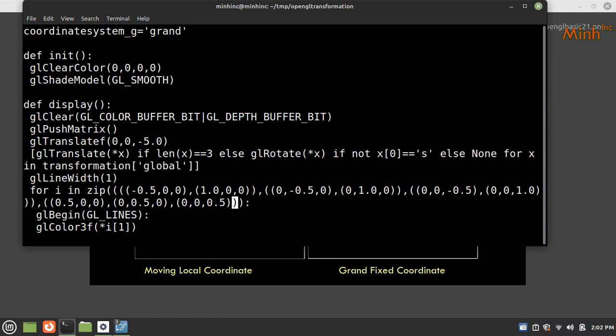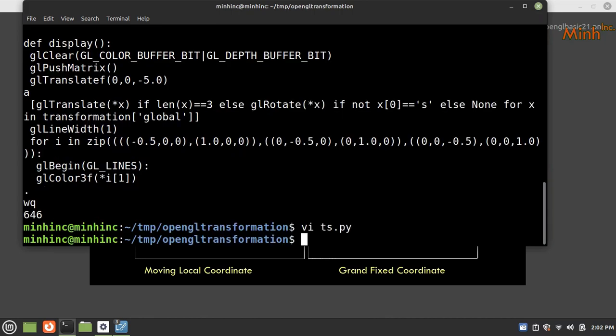Okay, nice. So first is the coordinates of the line, and next is its color. We zip it and then proceed.